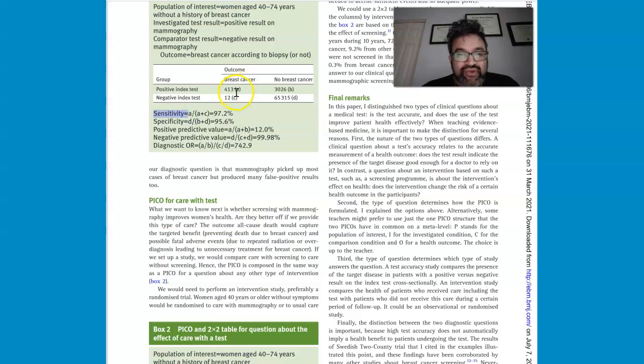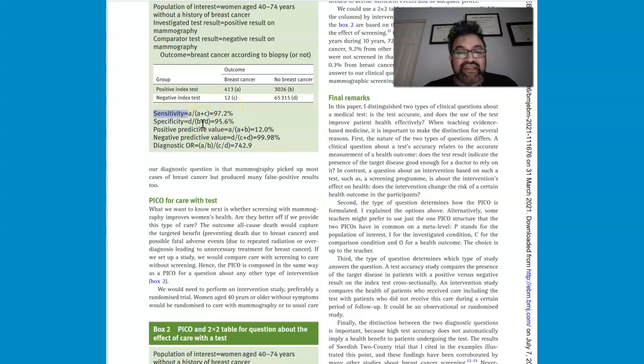So A over A plus C means that the positive index test group and those that did have breast cancer, so when we agreed on that, then that made up the vast majority of all groups.